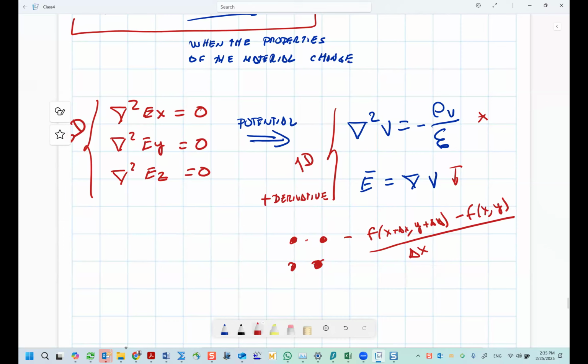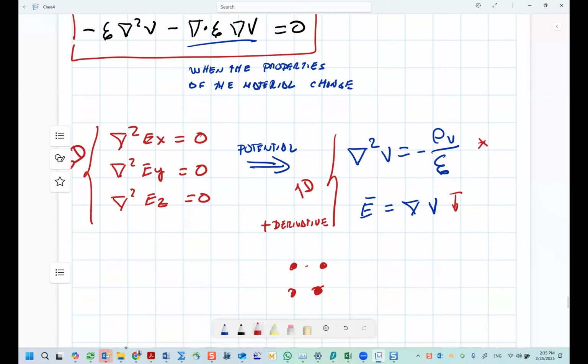It's just applying the difference equation between the points. In any case, finite elements only interpolate in between.